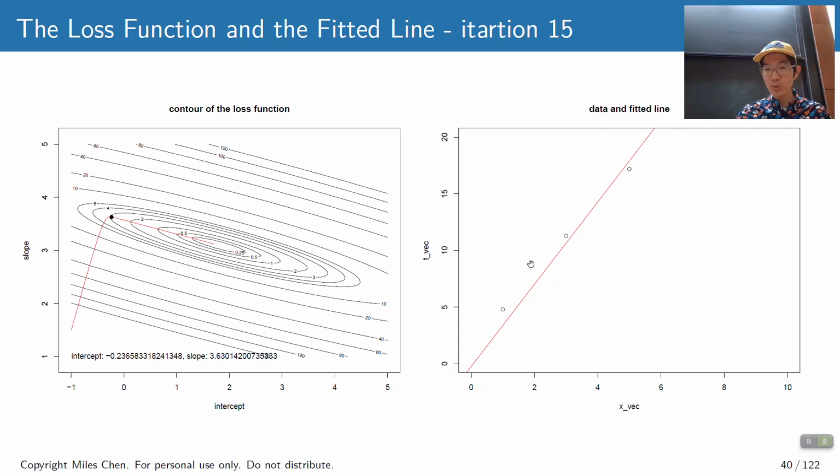It's just a little bit too steep, and that's where we are over here. The true solution is over here. Our slope is higher, and the true slope should be down here at around 3.1, so we need to bring it down. And our intercept is too low.